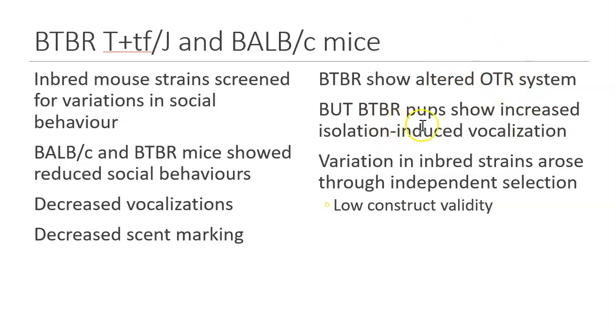But the BTBR pups actually show increased isolation-induced vocalizations. That's using the test we talked about before, the test for communication deficits. So this strain of mouse, the BTBR, isn't a great model to use that test on, because these mice show increased isolation-induced vocalizations, where we usually see decreased in the ASD endophenotype.